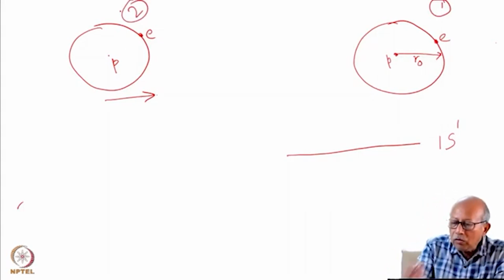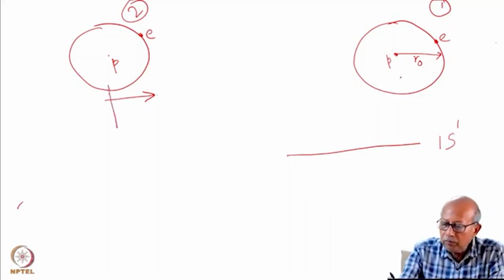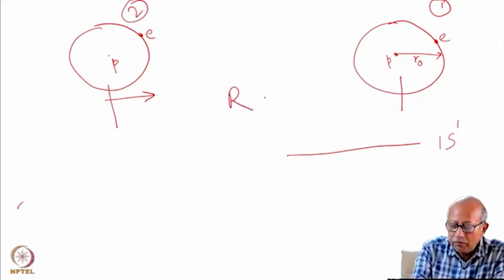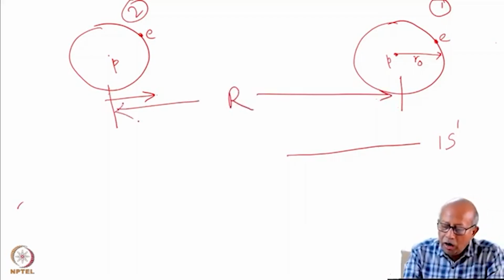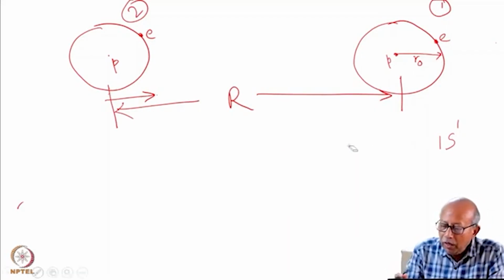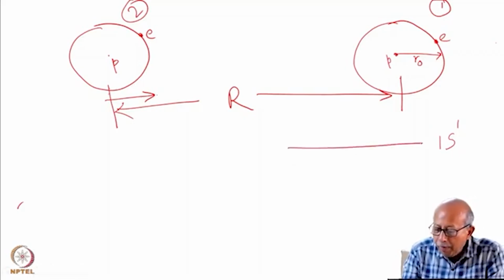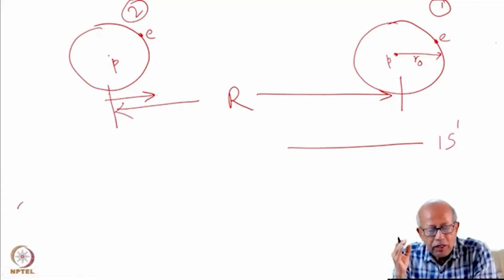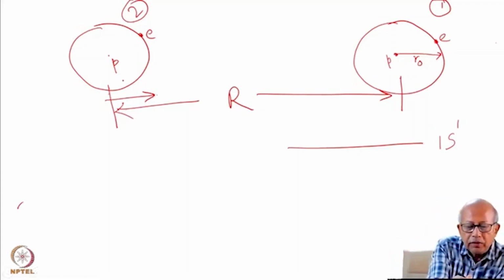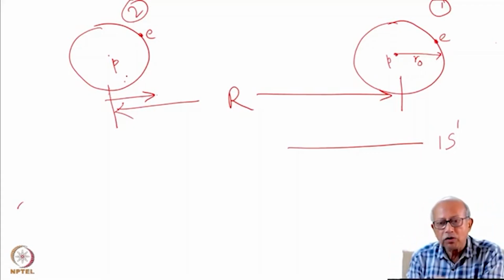We are bringing it closer to this, and we call this separation R. So we want to basically find out how this energy level is affected as we gradually bring this second atom close to the first atom.